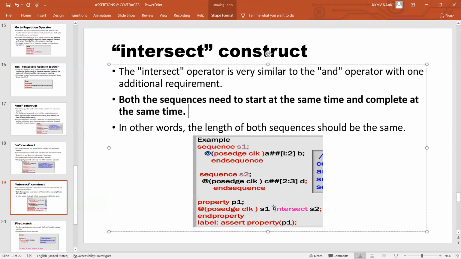So with the intersect construct, both sequences should have the same starting point and the same ending point also. Whereas with the AND construct, both sequences should have the same starting point, but they can have different ending points. That is the only difference between AND and intersect. So this is your intersect.